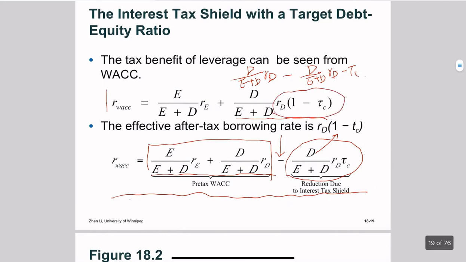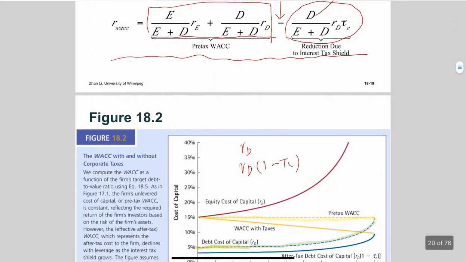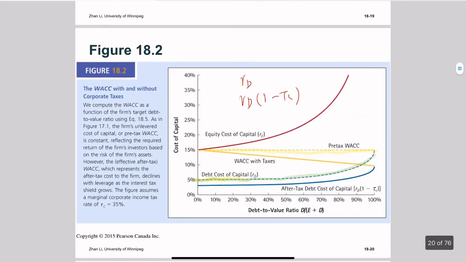That is, the after-tax cost is actually lower, right? So that's why the debt cost of capital R_D will shift down, become R_D times 1 minus corporate tax rate.